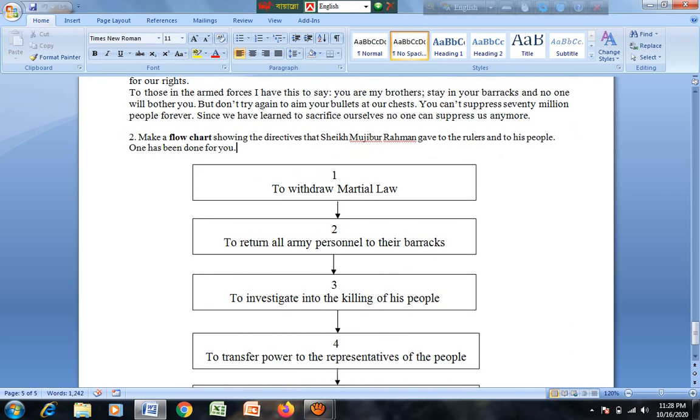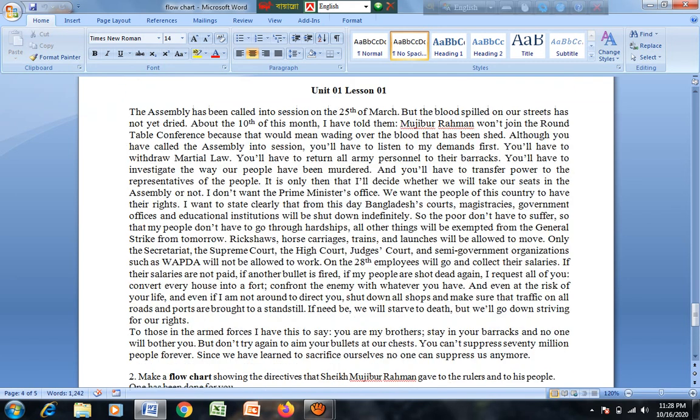So if we see the boxes, number 1 is done for you, to withdraw martial law. Just notice, dear learners, the point starts with 'to withdraw martial law'. So it is expected that you will start the other points with 'to' as well. Box 2, to return all army personnel to their barracks. The message is available in the passage.